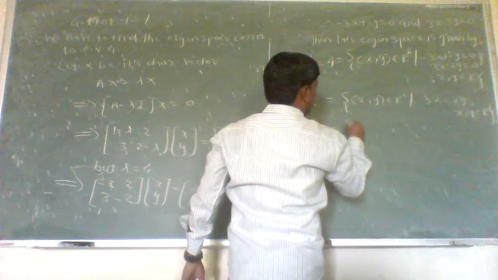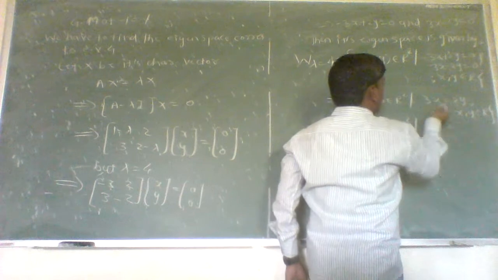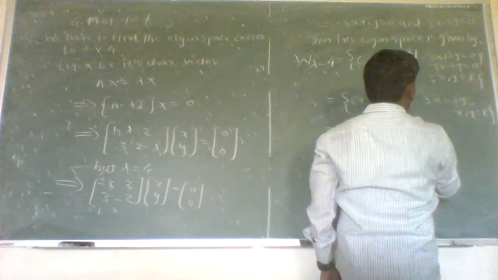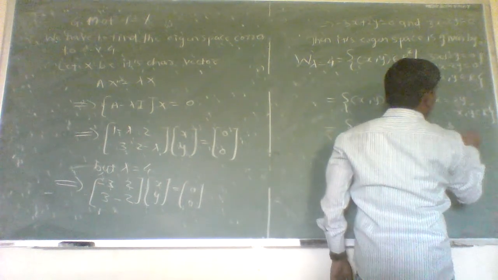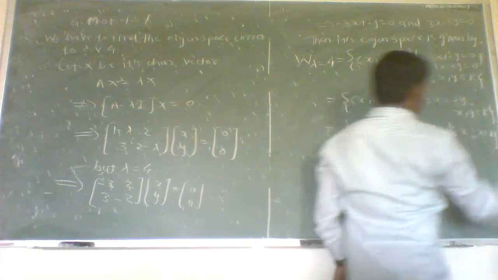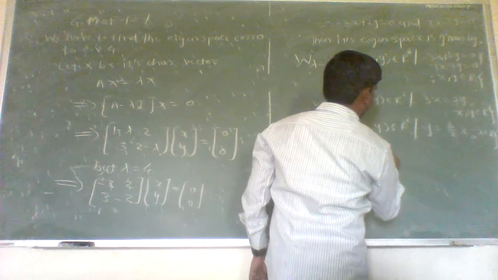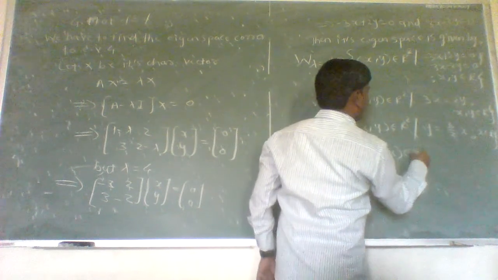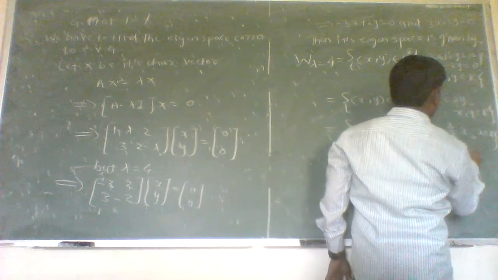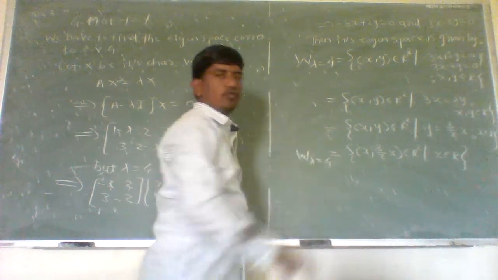Now this is equal to x, y belonging to R2 such that y is equal to 3 by 2 x, whenever x belongs to R. So this is nothing but (x, 3 by 2 x) such that x belongs to R. This is the eigenspace corresponding to eigenvalue 4.